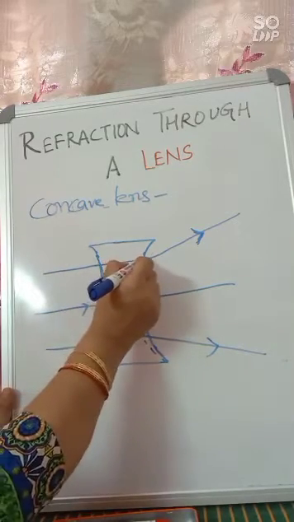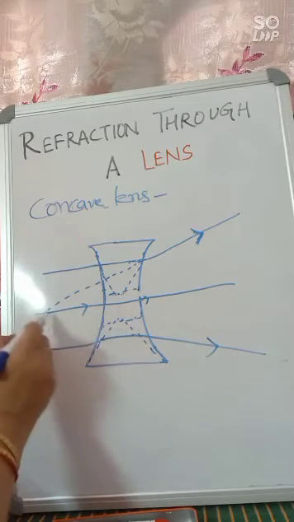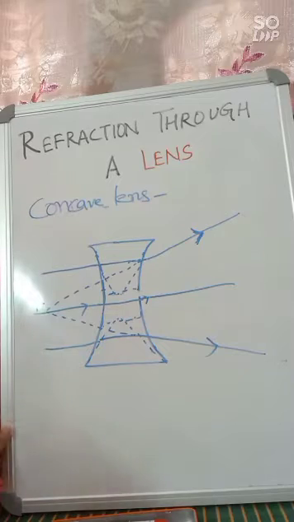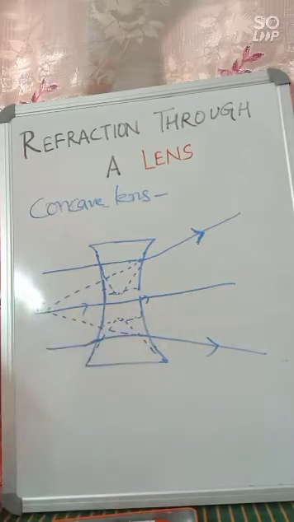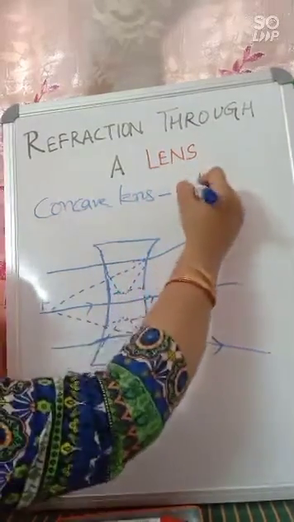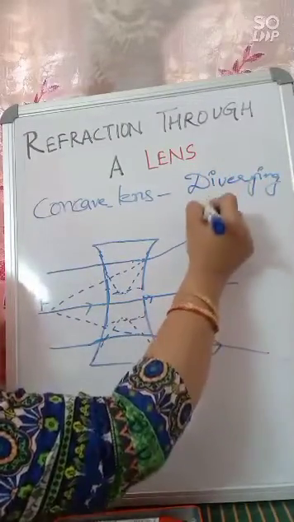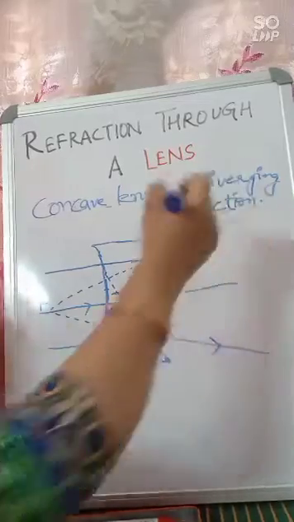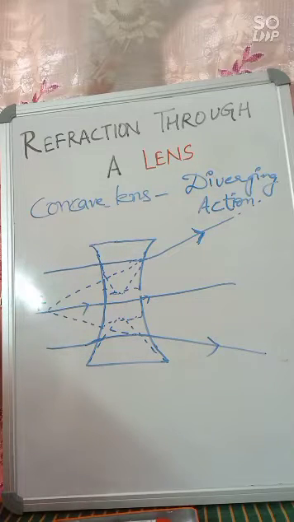So when you produce it backward, they will meet at a point, that is the second focus, or the focus. Fine. So this is your diverging action. I can say the concave lens is having diverging action. I think I used the terminology convex earlier, but the concave lens has diverging action.